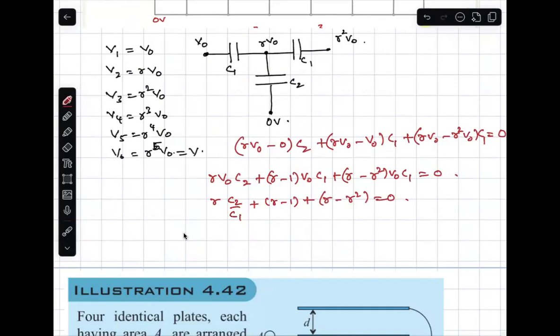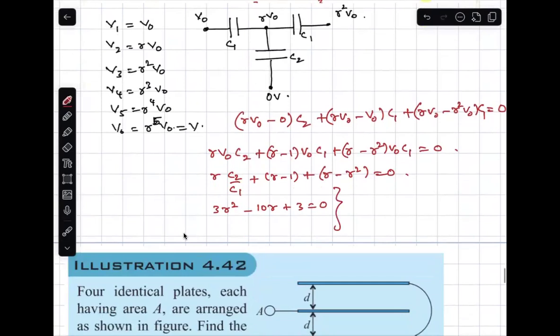Now you will get a quadratic equation, which leads to 3R square minus 10R plus 3 is equal to 0. By solving this quadratic equation, you will get two roots. R is 10 plus or minus root of 100 minus 36, by 6. So this leads to 3 or 1 by 3.